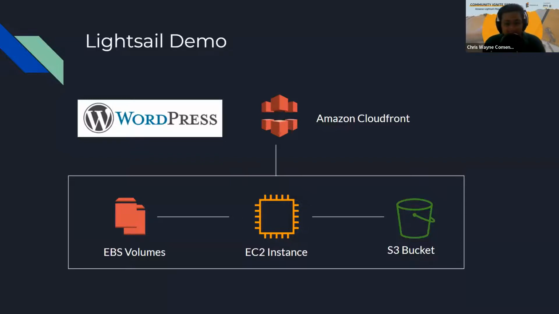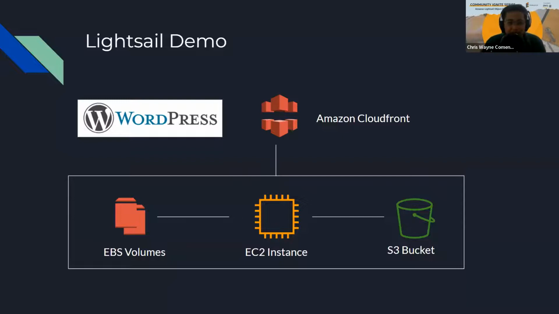Now, in Lightsail, you could do all of these things. You can create an instance that has WordPress on it. You can separate the static resources on an S3 bucket. So you decouple the static resources instead of accessing them on the server itself, on the Lightsail instance itself.